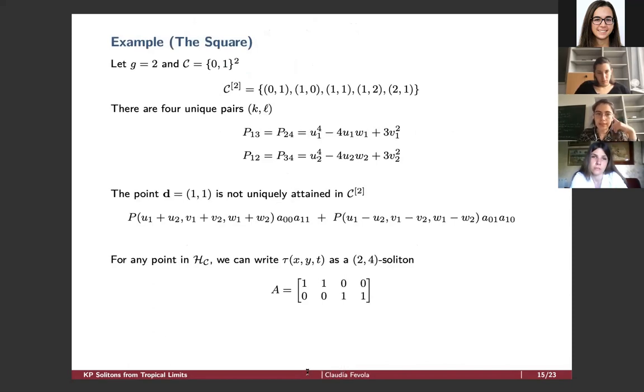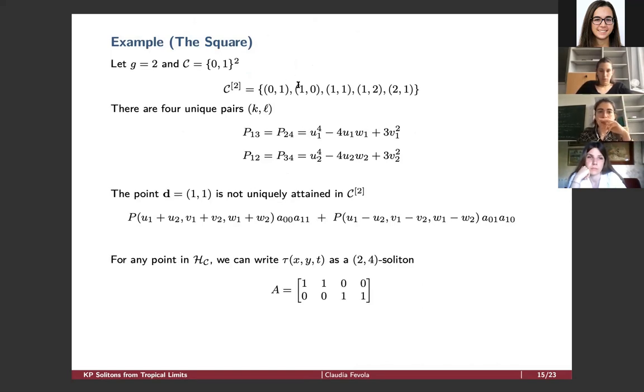And so this is an example. We go back to the case in which the genus is equal to 2, and the set C, in this case, is the square as before. Then the set C2 is given by 5 distinct elements, in which all of them are uniquely attained, except for one which is attained in 2 distinct ways.